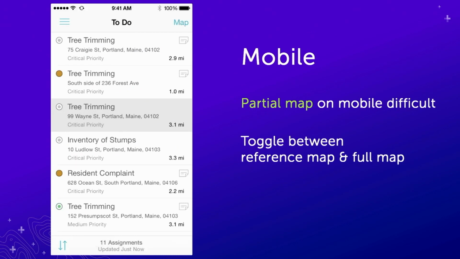On mobile devices, I need to mention that partial map is very difficult to implement because you very easily get this slippery effect where you try to scroll down, and because you now suddenly touch the map, it starts panning and you cannot scroll anymore and you're kind of stuck. So the approach here is to toggle between a reference map and a full map, and I'll show you a short video that illustrates how you get from this list.